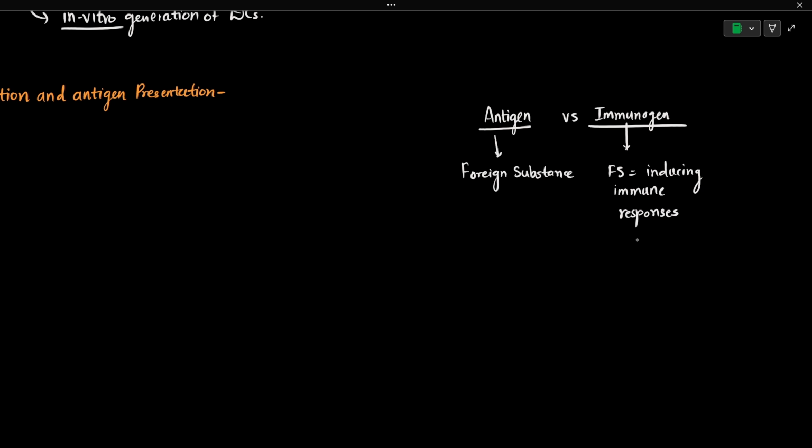We take in a lot of dust and bacteria daily, but it's not necessary that those dust particles will evoke any immune response. So such foreign substances taken in by our body are referred to as antigens, and if they evoke an immune response, they are called immunogens.